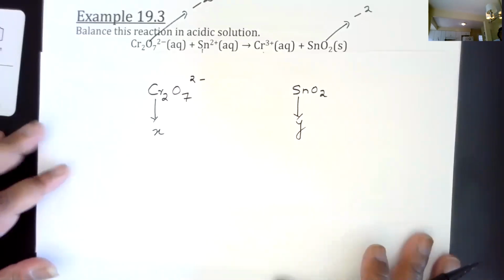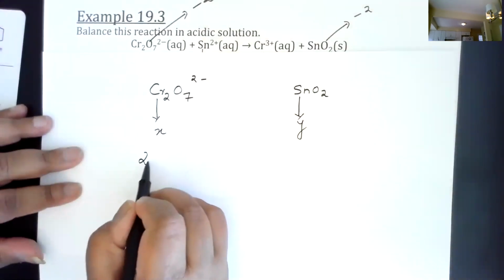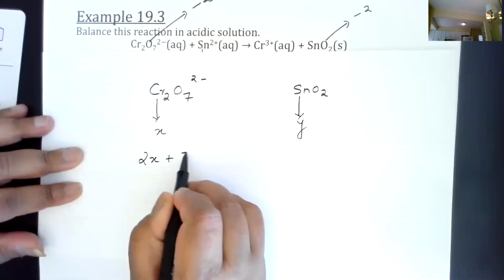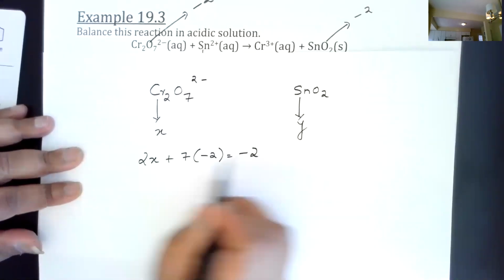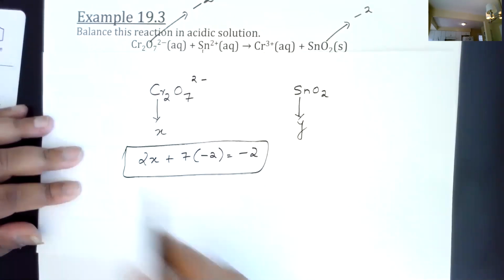So let's do it quickly so everybody can review. 2x plus 7 times -2 is -2. Do we remember the method?